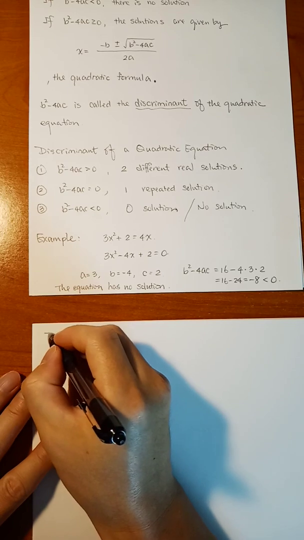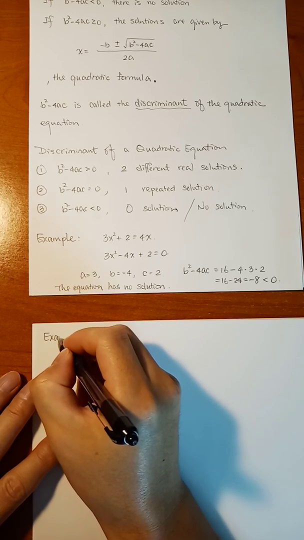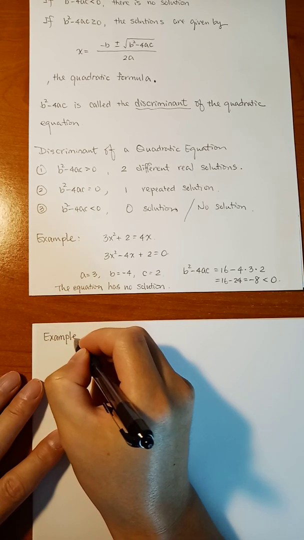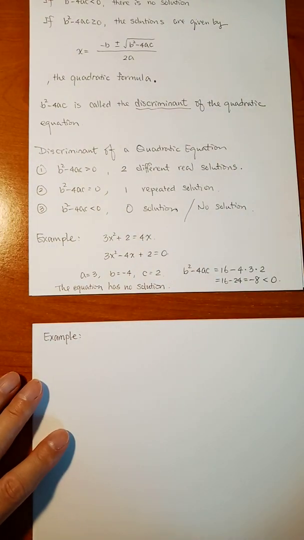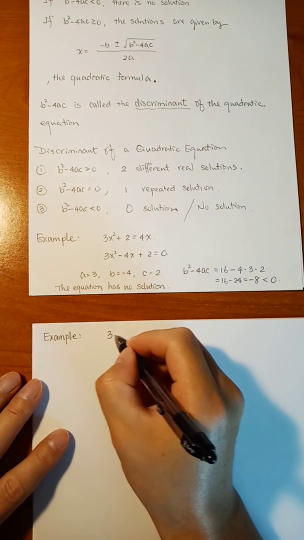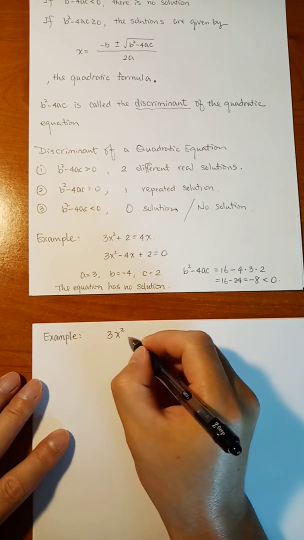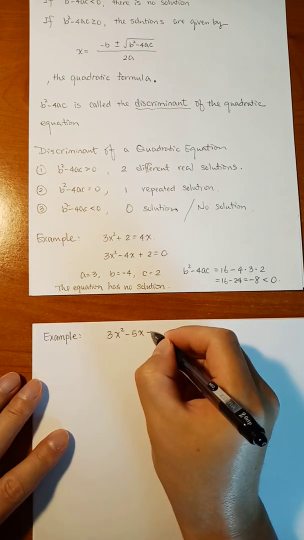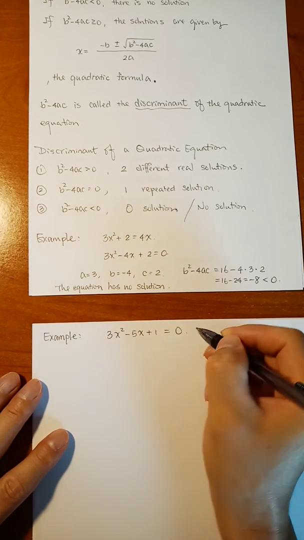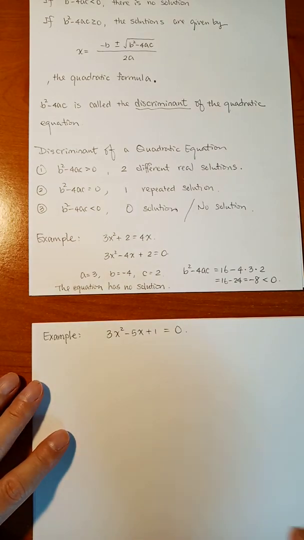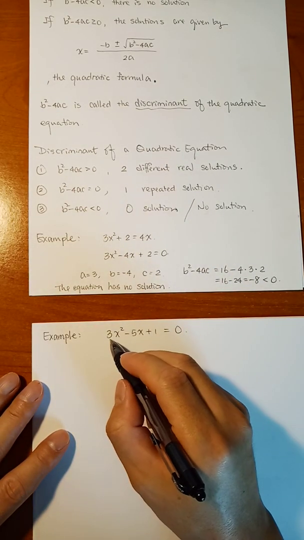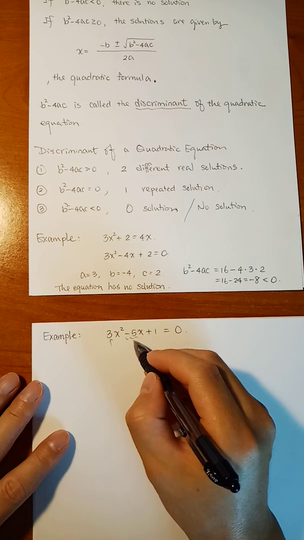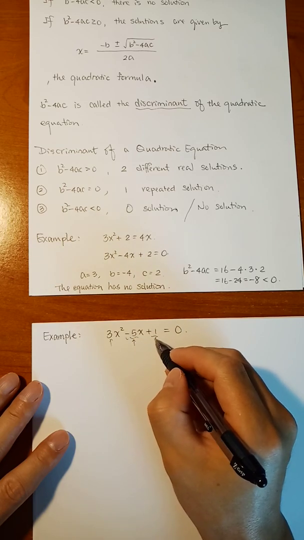Let's see another example. Try to solve 3x squared minus 5x plus 1 is equal to 0. So we know a is 3, b is negative 5, and c is 1.